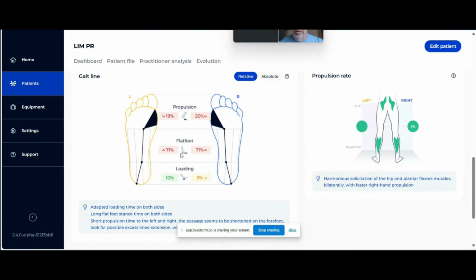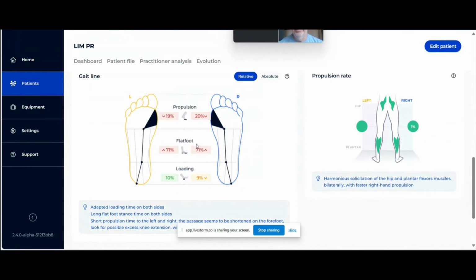So here's what we want to look at that's kind of interesting, looking at this percentage. And so there are normative values with regards to how much time you should spend in each one of these phases. And we see that the heel strike is pretty close to normal, but I'll show you something here in a second and why that is.